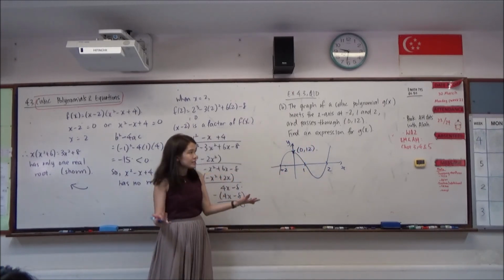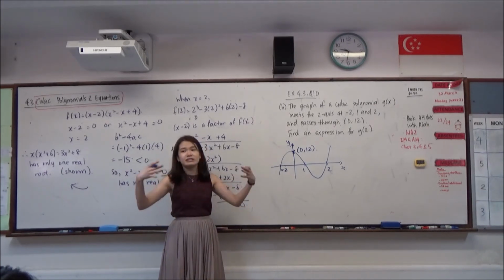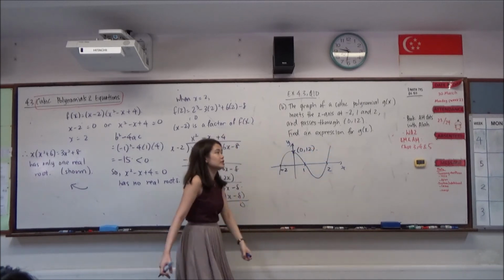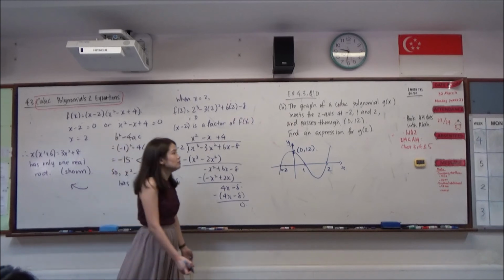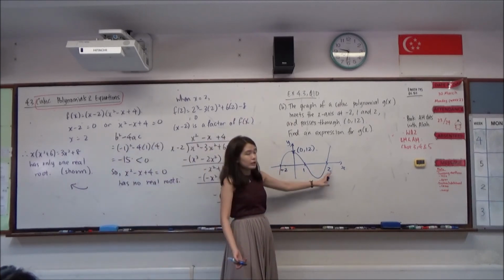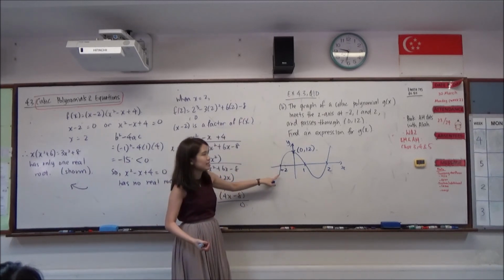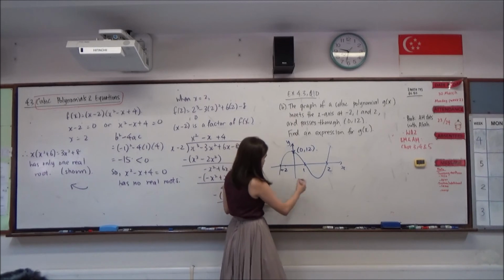And yet, we have to go in reverse to find out what the expression for this function g(x) is. So how do we go about it in reverse? From this graph, we need to be aware that this tells me the roots of g(x) equals 0.